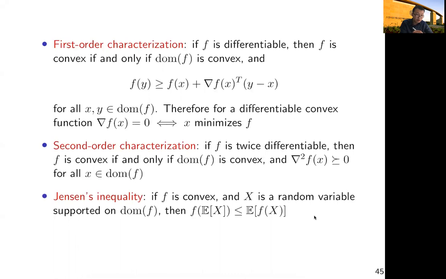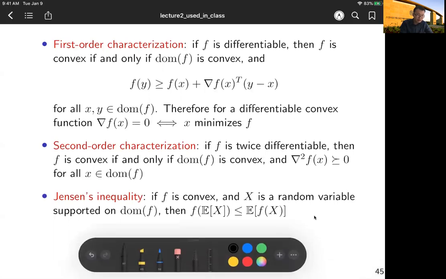Let me illustrate that a little bit. Think about this as a Taylor expansion of the function f of y at location x. You take the Taylor expansion of f at x, and you take the first term, which is a linear approximation of f at location x. Visually, this is a function f.